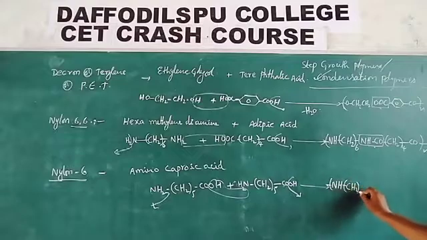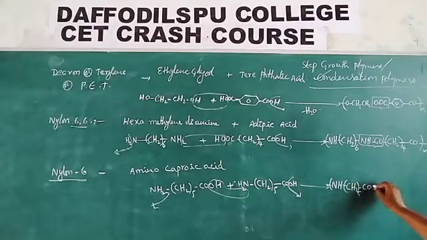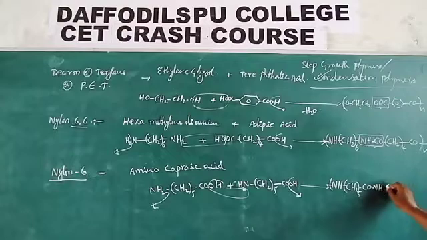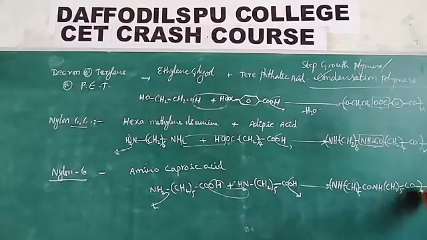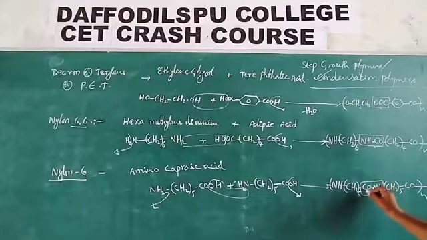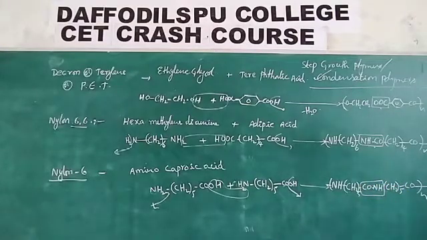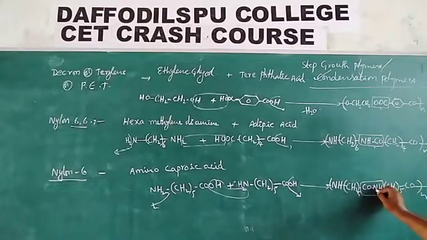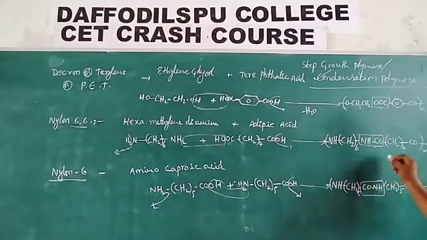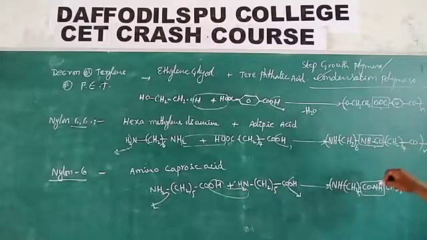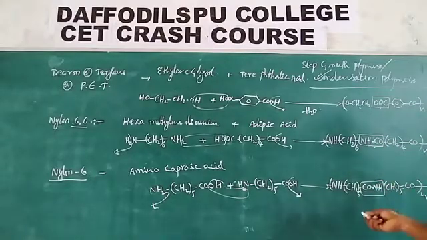CH2 5 times, CO, NH, CH2 5 times, CO, N times. So here also we are getting the CONH group. So this one also is an example for polyamide. Nylon 6 polyamide.